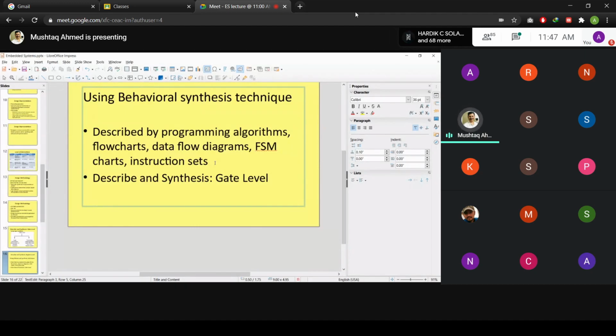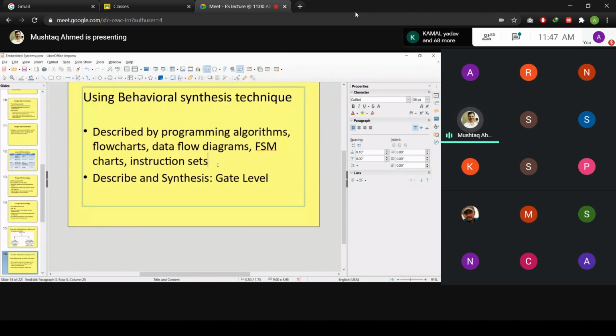In that case, how can that be implemented? There are different ways in which we can represent the functionality of the devices. But it is desirable and important to represent that and analyze how the device would function. And at the describing synthesis, we just require to go using the gate level.